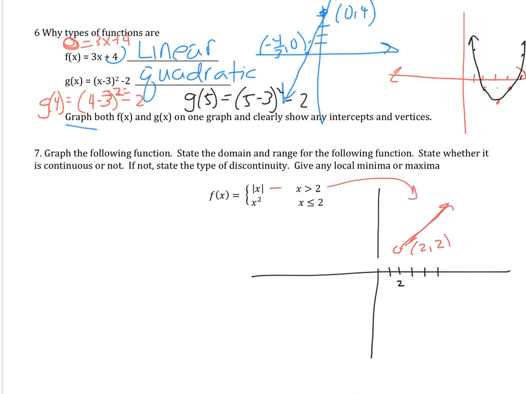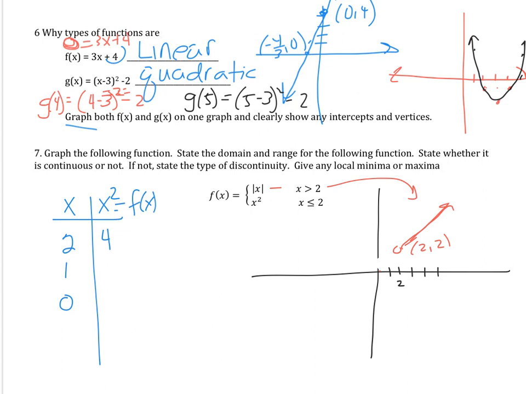Now, the second part of the function is x squared when x is less than or equal to 2. So I'm just going to make a table. So x and x squared, which is the f of x, right? So if we start at 2, and we're going to go backwards, 1, 0. So when x is 2, x squared is 4.